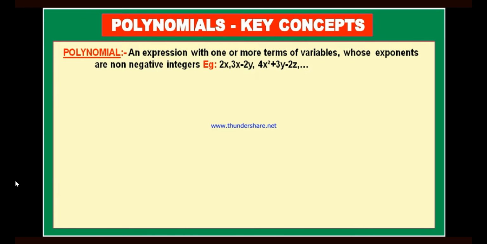In 2x, what is the exponent of x? There is no value written in the exponent, therefore it is 2x power 1. The exponent of x is 1, which is a non-negative integer, a positive integer. Therefore, 2x is a polynomial.